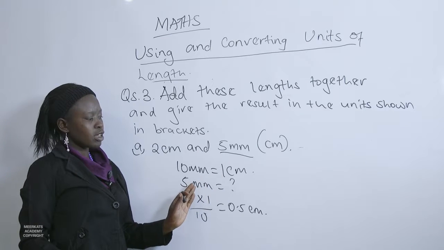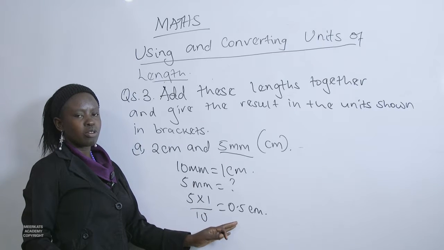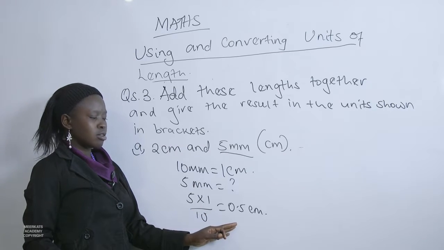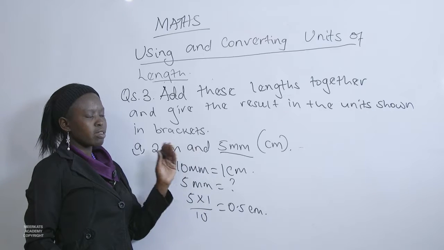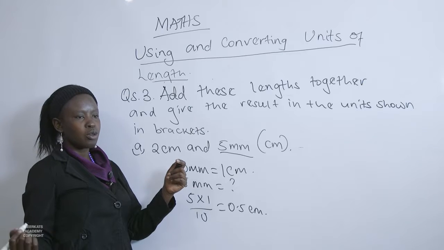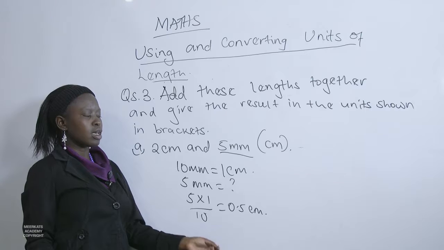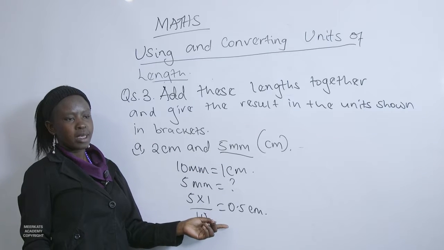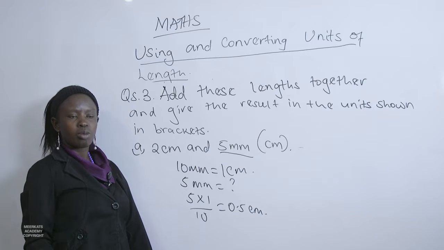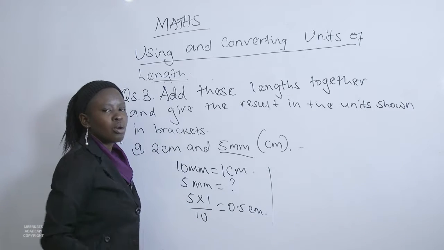This is 5 times 1 divided by 10, which gives us 0.5 centimeters. We first started by saying that when you are converting from a smaller unit to a larger unit, we simply divide. So we can avoid going through all this and just take 5 divided by 10, so that we have 0.5 centimeters. Then after that, we add.